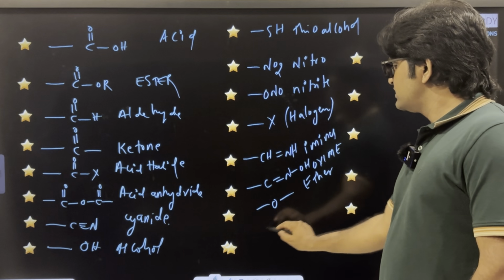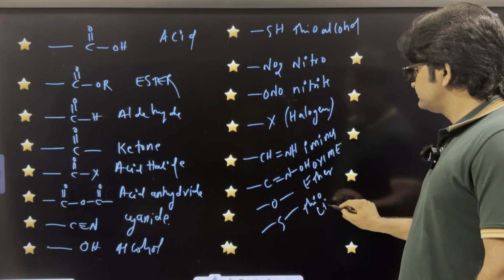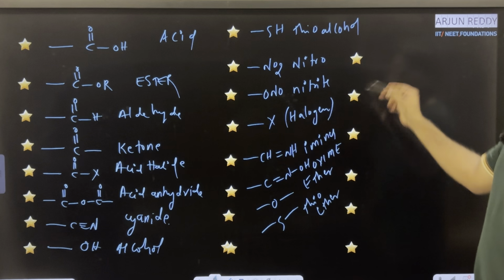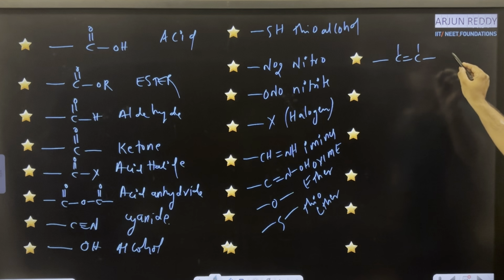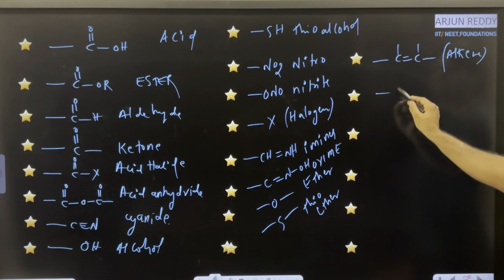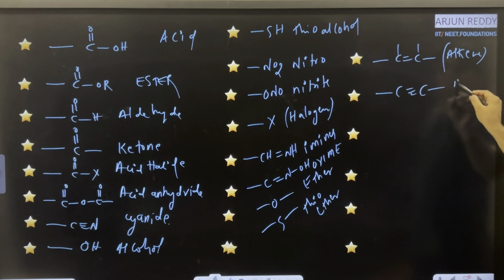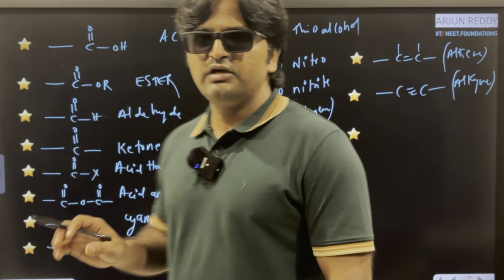For example, a sulfur linkage is given: thioether. For example, C double bond C is given: alkene. C triple bond C is given: alkyne. Okay, these are some important functional groups.